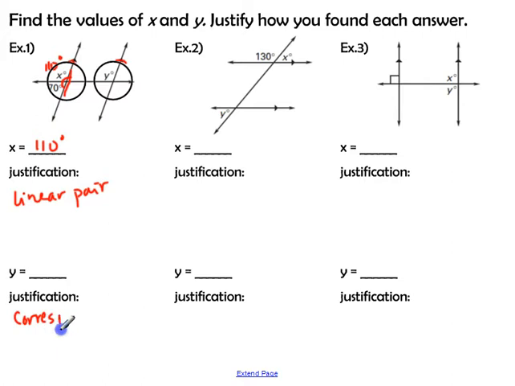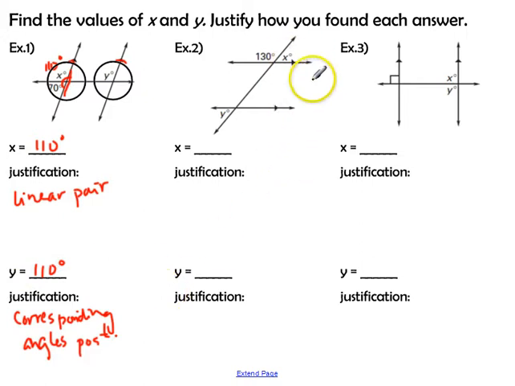And we just learned today that corresponding angles are congruent. So this is the corresponding angles postulate. And that tells us that these are going to be congruent, so y is also equal to 110.